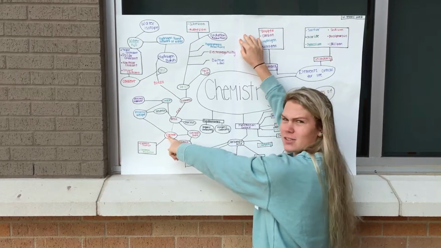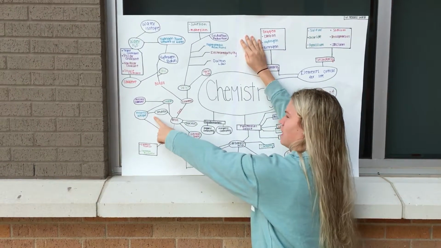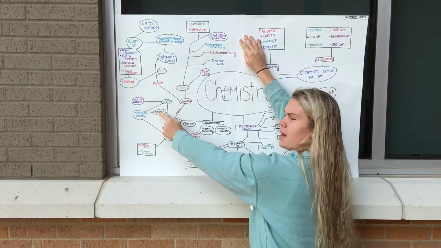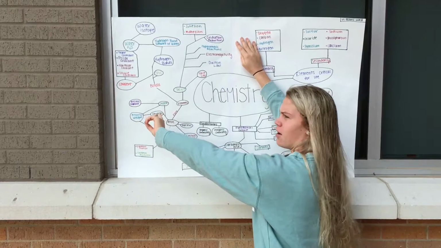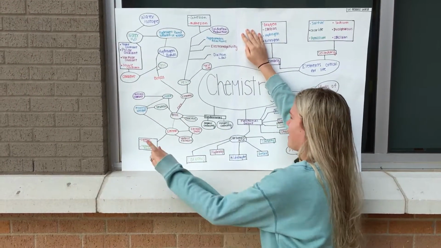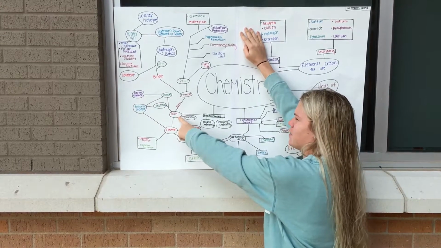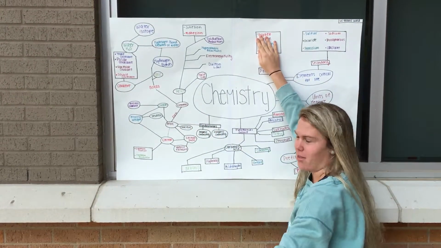Electrons also contribute to atomic weight, and atomic weight is also contributed by neutrons and protons. Protons are the makeup of the atomic number, and then you go back to the atom, and then you have your elements because atoms make up everything.